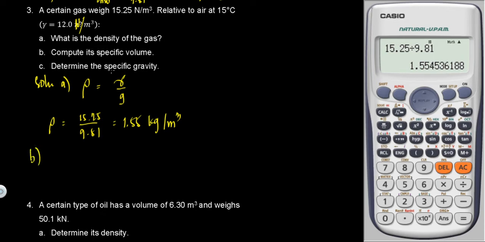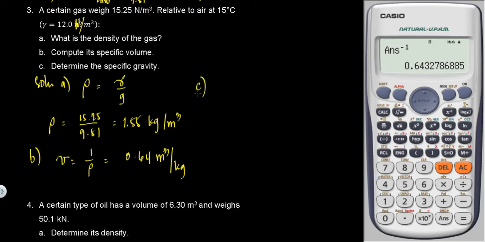For letter B, compute the specific volume. Again, specific volume is the reciprocal of density, no? So we have 1 over 1.55, inverse equals 0.64 meter cube per kilogram. Correct? Yes, correct.